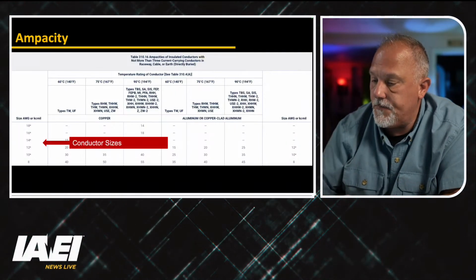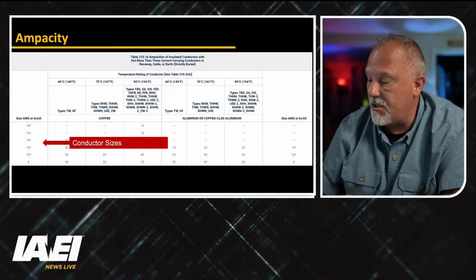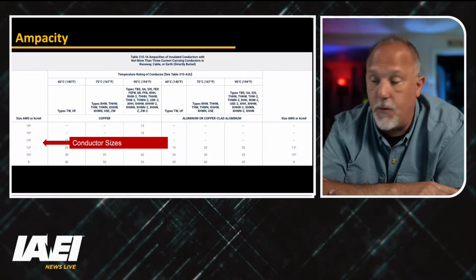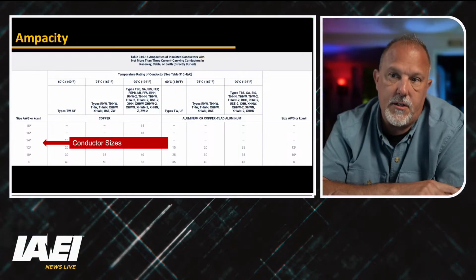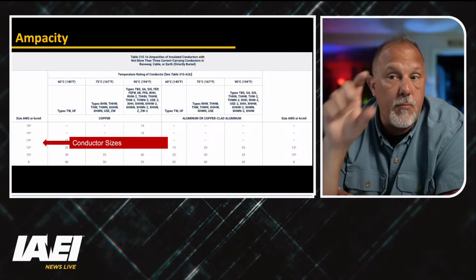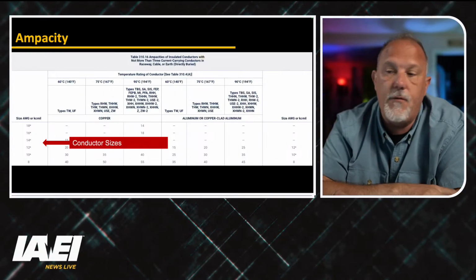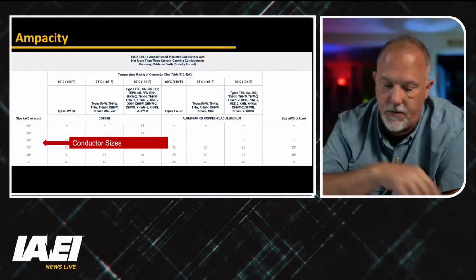The star basically tells us to reference section 240.4(D) for the conductor overcurrent protection limitations. So for those small conductors, remember we have to go back to 240.4(D).